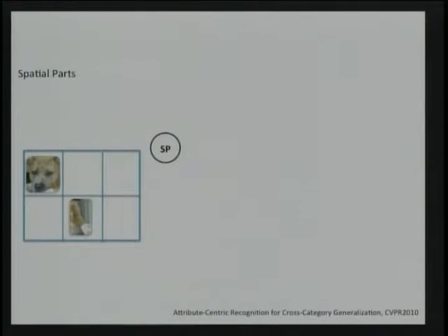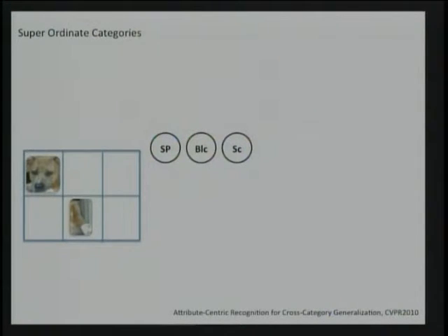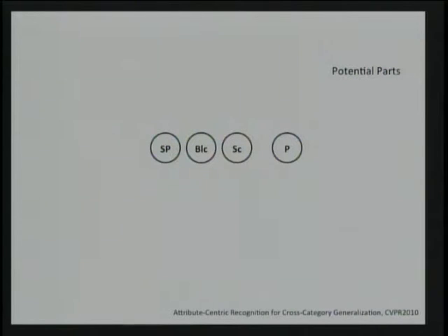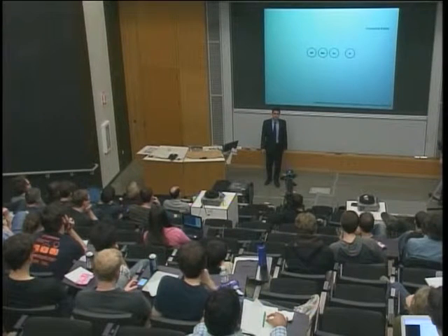I'm going to assume a node for spatial parts, meaning that there is a head in this specific bin, there is a leg in this specific bin, and so on. I'm going to assume a node for basic level categories, a node for superordinate categories. I'm also going to assume a node for potentials of the objects having the category, regardless of the part being visible or not visible.